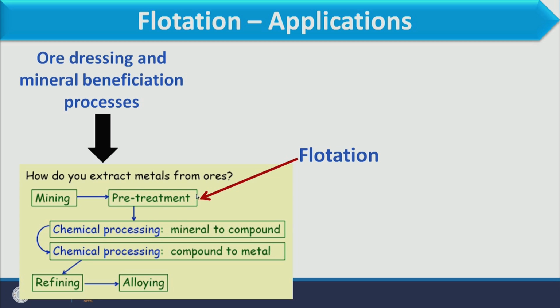So, here what is the desired ore, what we have to separate from the mixture of ores, that we have to select over here. So, here basically through flotation we separate ore from the mixture of ore. Once I am having the ore, then through chemical processing we can go for extraction of compounds, and then from compound to metal.